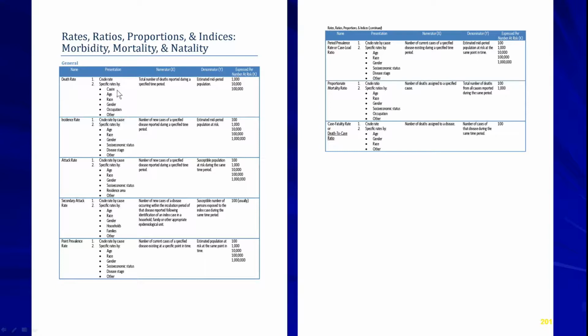And once you do that, once you divide the population into these other factors and put it in the numerator, you are talking about a specific rate. So all of these are made specific by these factors. And you notice what the denominator is. It's the estimated mid-period population at risk.